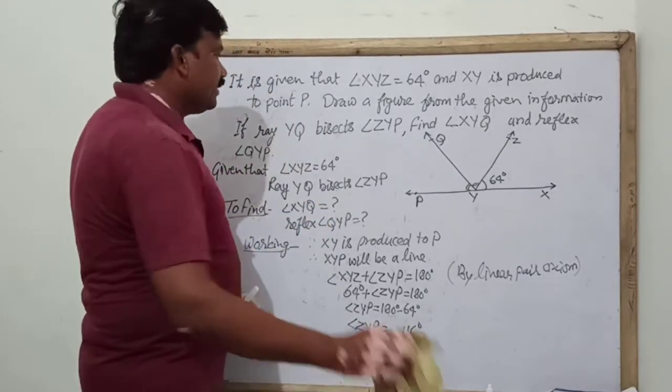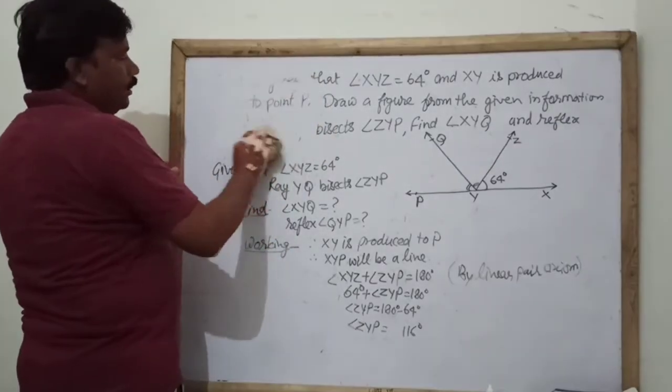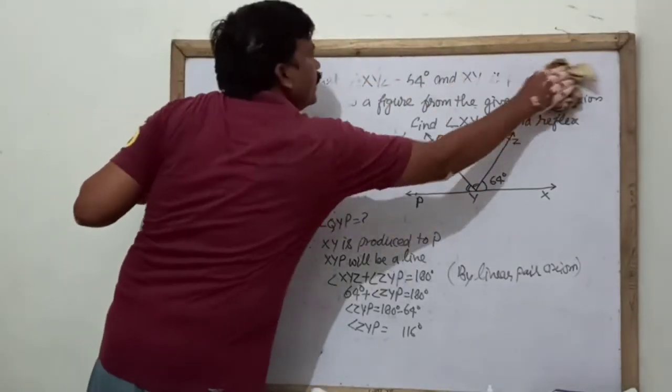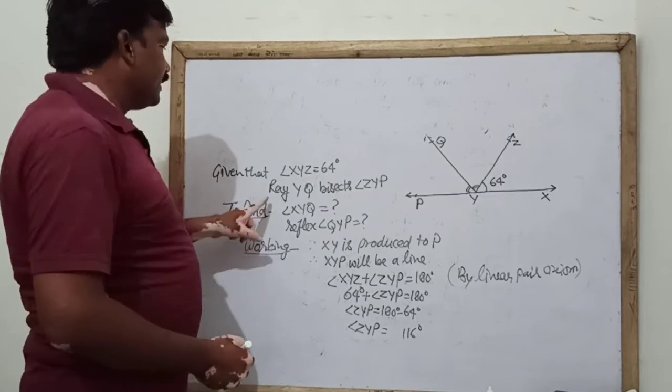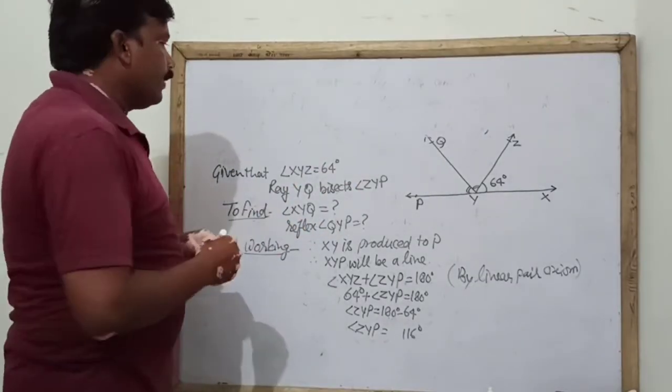Now we can erase it because there is no space for solving the question. Next information is that ray YQ bisects angle ZYP.